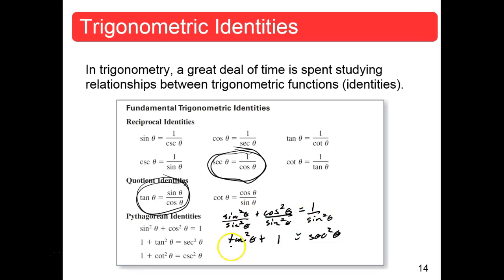Okay? What's sine squared over sine squared? 1. Plus what's cosine squared over sine squared? Cotangent squared. And what's 1 over sine squared?